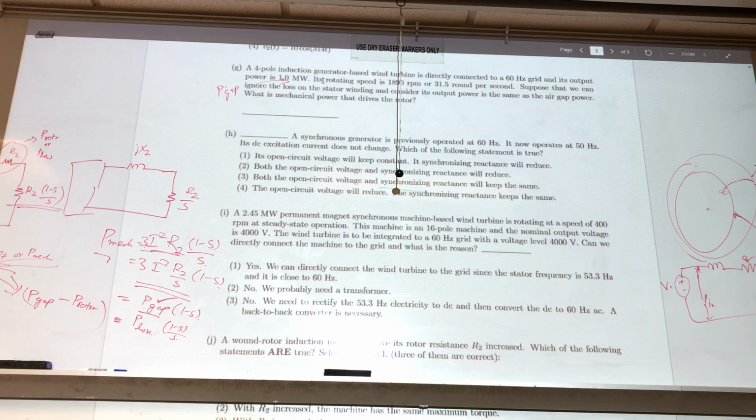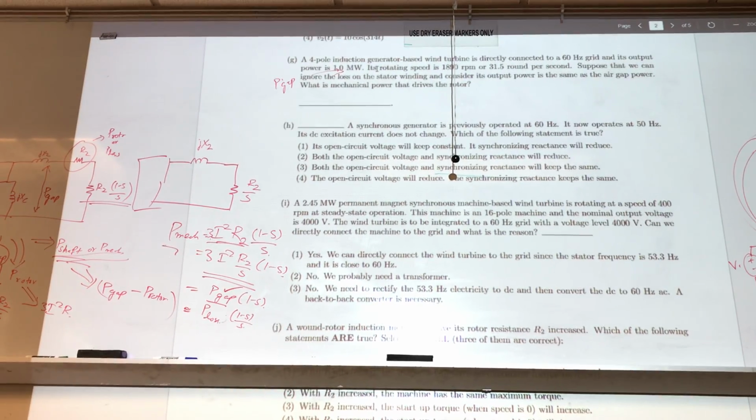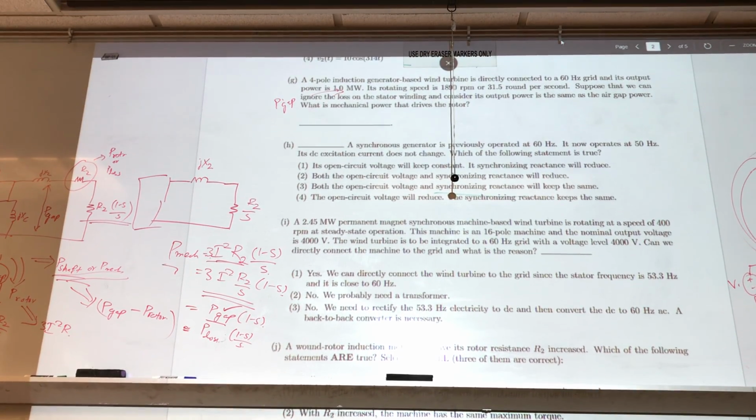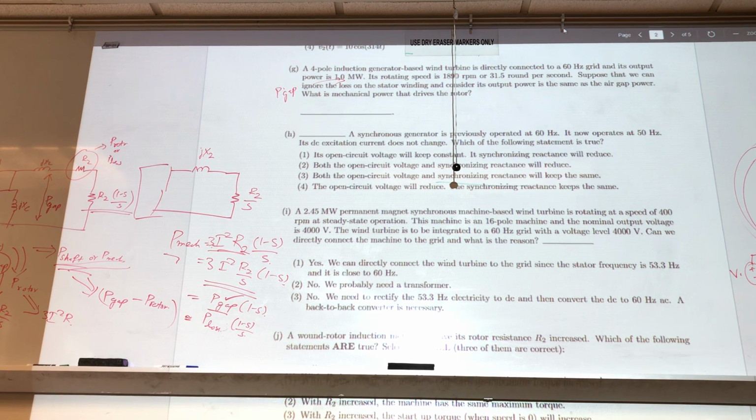Is it clear? Yeah, kind of. So all you do for this one is take 1 megawatt and multiply by 196. And you can find the S from this 60, turn that into RPM.